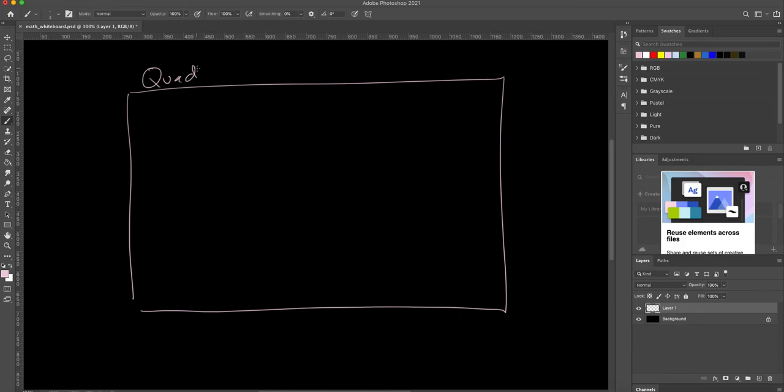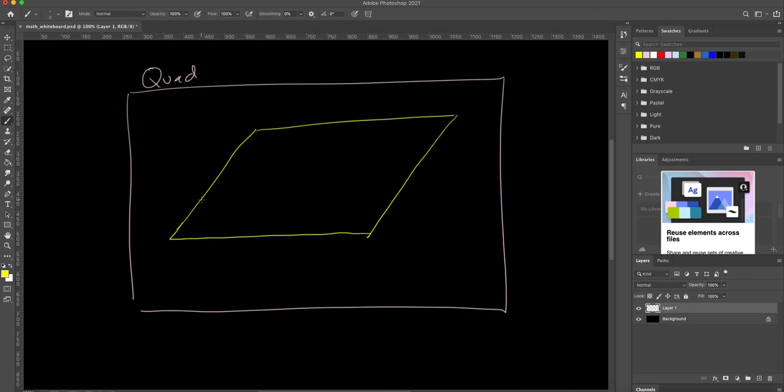And so what we're going to do is create a Venn diagram using the shapes themselves. So we have quadrilaterals, and then I'm going to draw a parallelogram. And all parallelograms are quadrilaterals, so that's why the parallelogram is completely inside there. So let's say para.